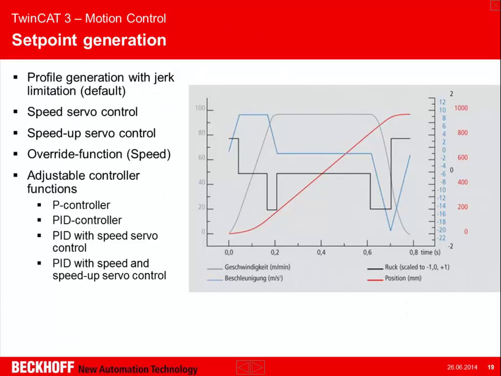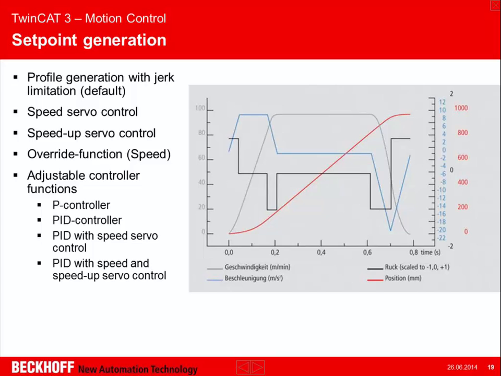So these are the different control loops, and of course on top of the controllers we have the set point generator. We have a 7 phases jerk limited set point generator, and of course we calculate speed, and we have also an override functionality for speed. So with the override you can lower the speed.